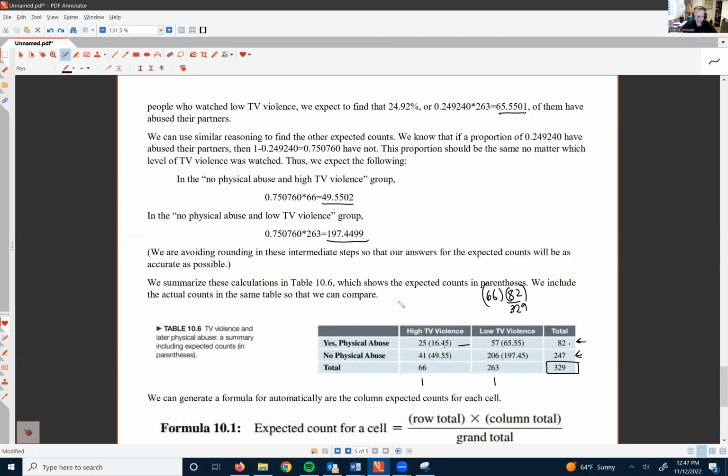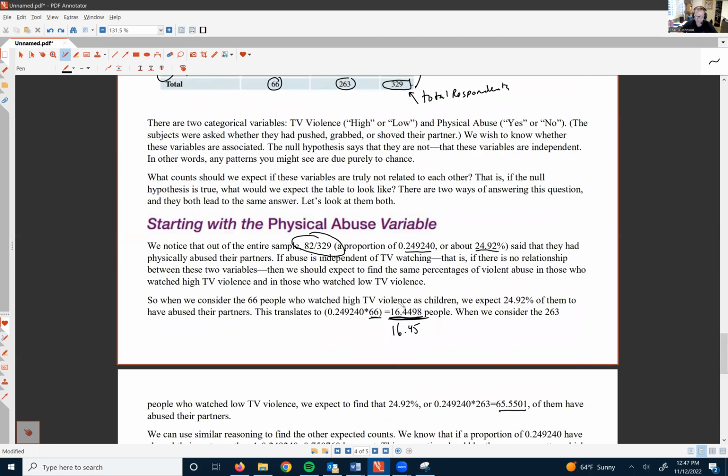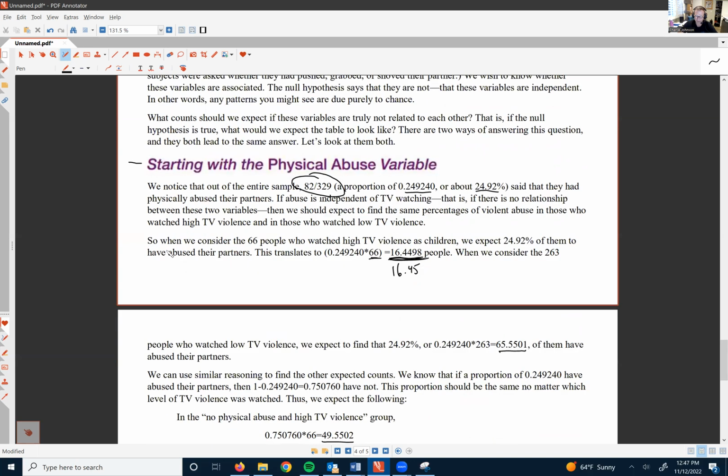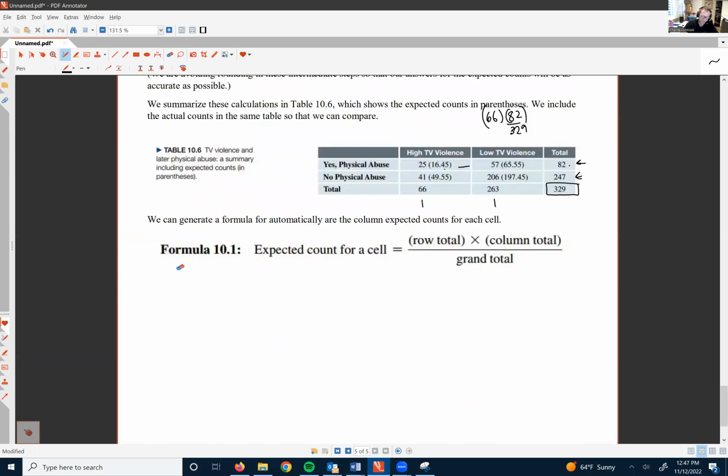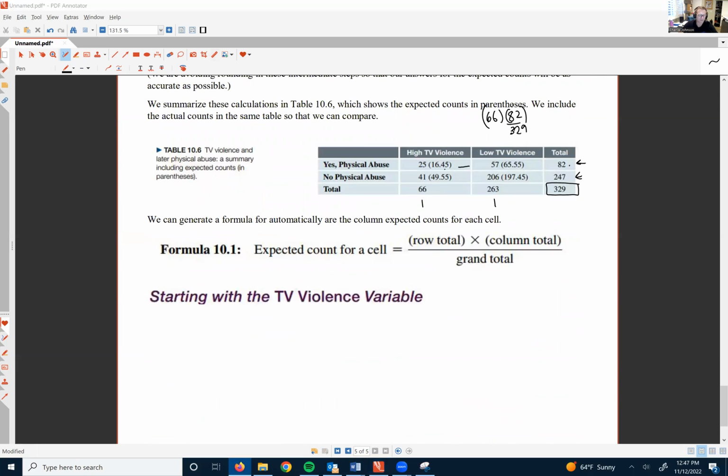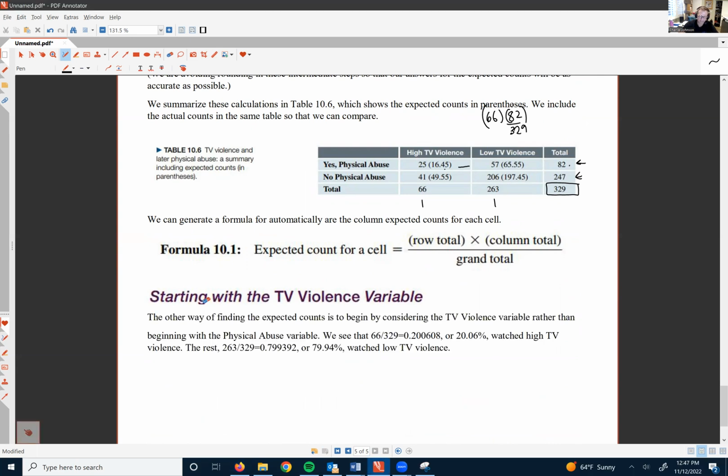Now, as stated earlier, there's two ways of answering these expected counts question, and they both lead to the same answer. The first one was looking at the physical abuse variable, and now we'll shift to doing the same thing with the TV violence variable. The other way of finding expected counts is to begin by considering the TV violence variable.